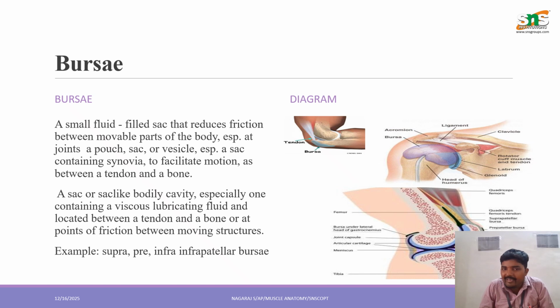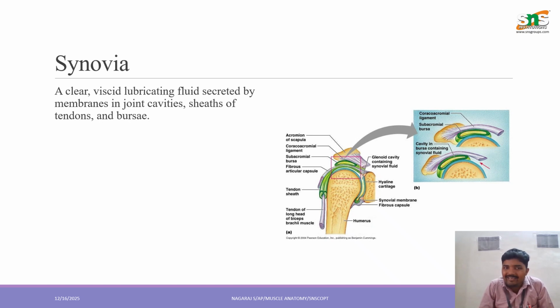It is a sac-like bodily cavity, especially one containing a viscous lubricating fluid, located between tendon and bone at the point of friction between moving structures. Examples are the suprapatellar, prepatellar and infrapatellar bursa. Then synovia, a clear, viscid lubricating fluid secreted by the membrane in the joint cavities, sheaths of the tendon and bursa.